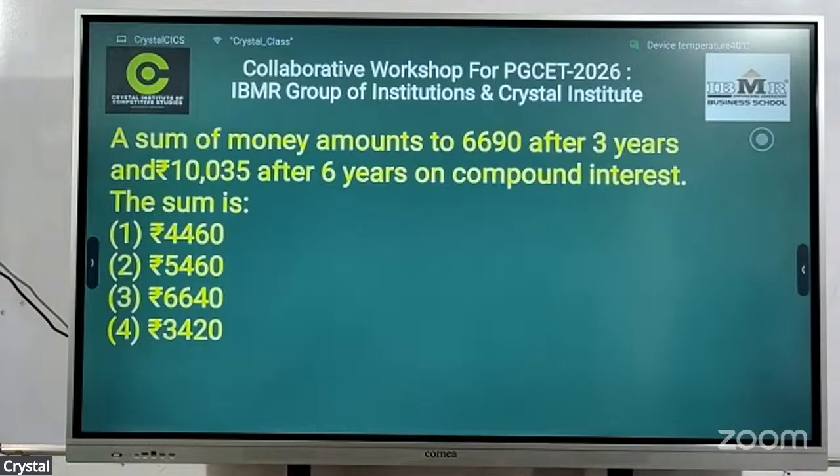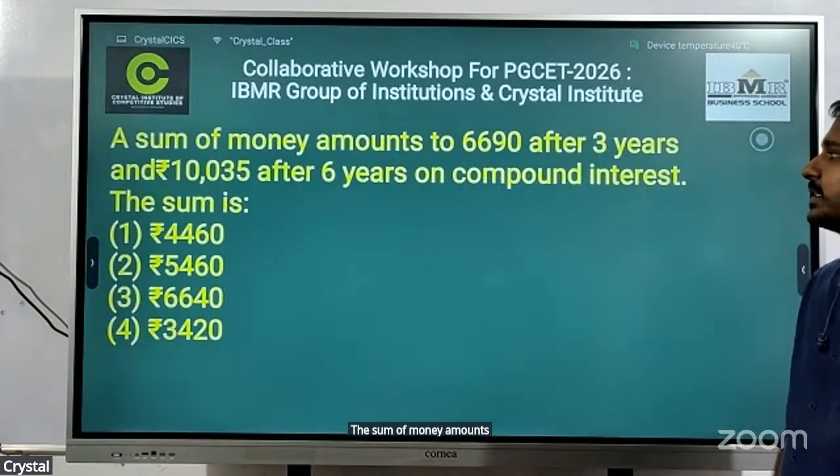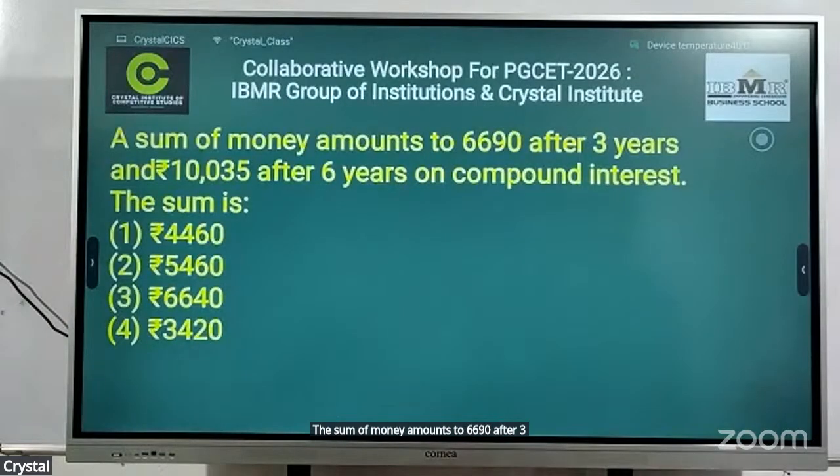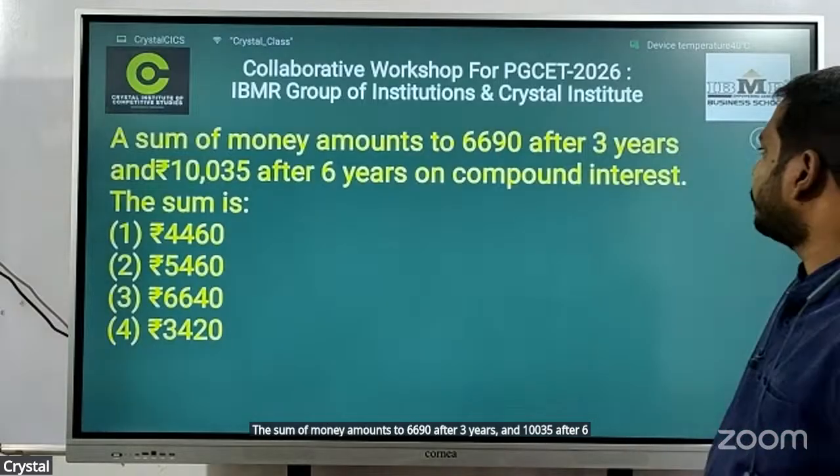The sum of money amounts to 6690 after 3 years and 10035 after 6 years on compound interest.